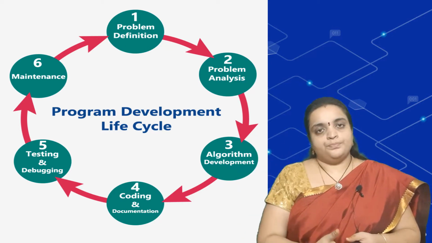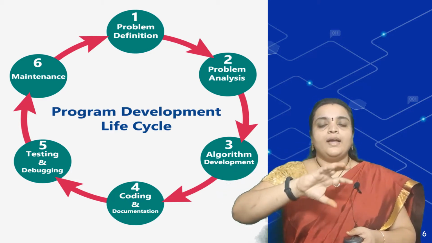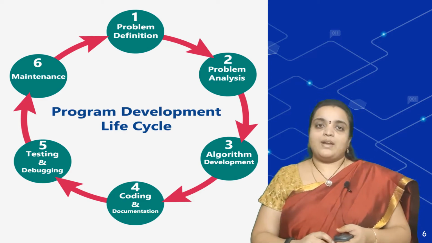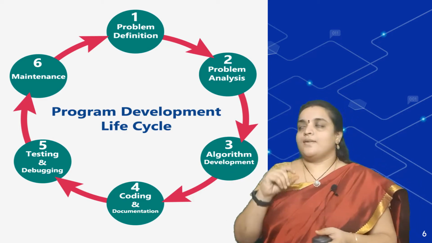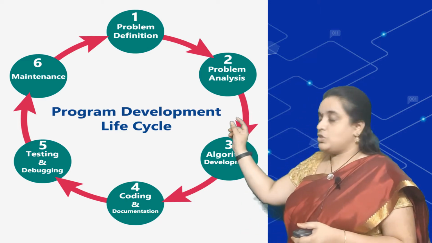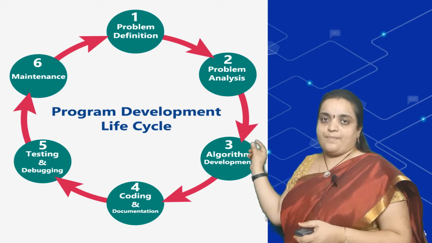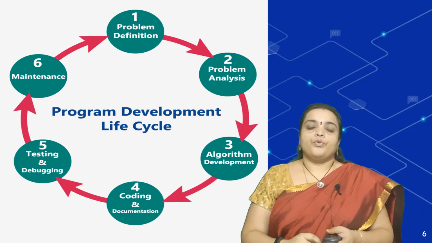We need the schedule, isn't it? So all those requirements are gathered in the analysis part. That is the second phase of program development life cycle. That is problem analysis. The first one is problem definition. You are defining a problem. Then in the second step, you will analyze the problem. Then in the third step, what will you do?